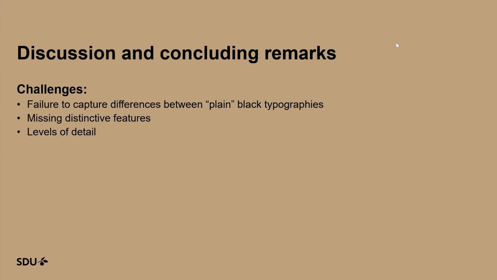Another thing to consider is the question of how detailed an approach like this should be. If we take color as an example, I simply included a choice between black and not black, that is different colors from black. But there are actually a lot of different qualities of color that could be considered as well, color modulation, color saturation, and so on, which would make the system far more complex.